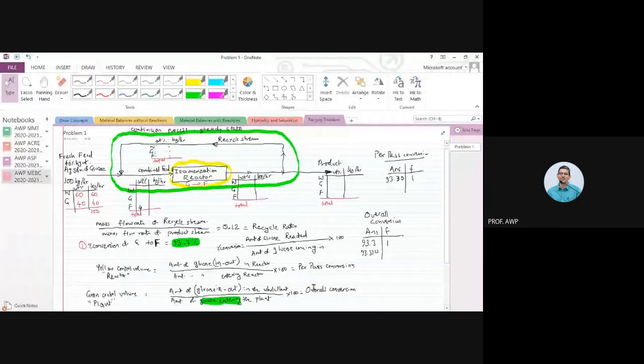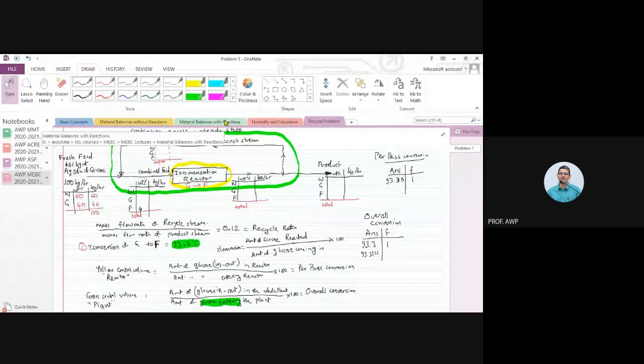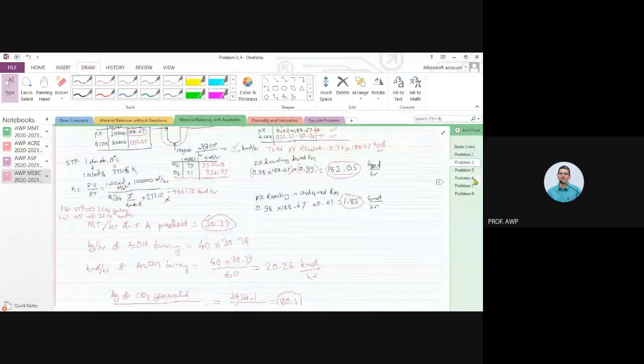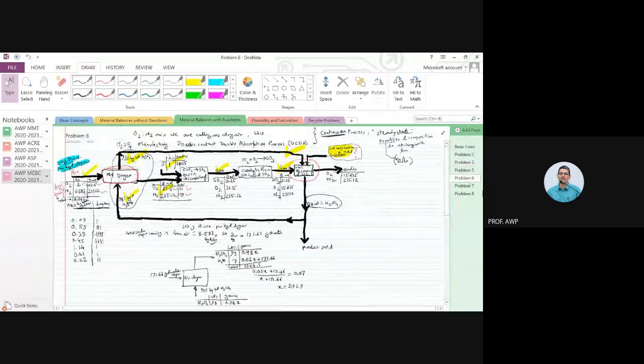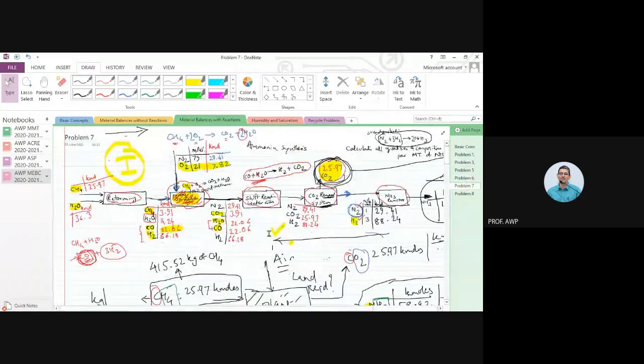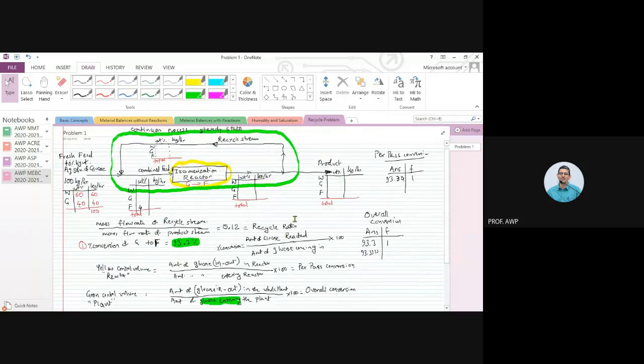So if you think about this problem versus other problems that we have done, like the ammonia problem, which was only one directional. Either you could go from left to right or right to left. Whereas in this problem, you end up going around in circles.